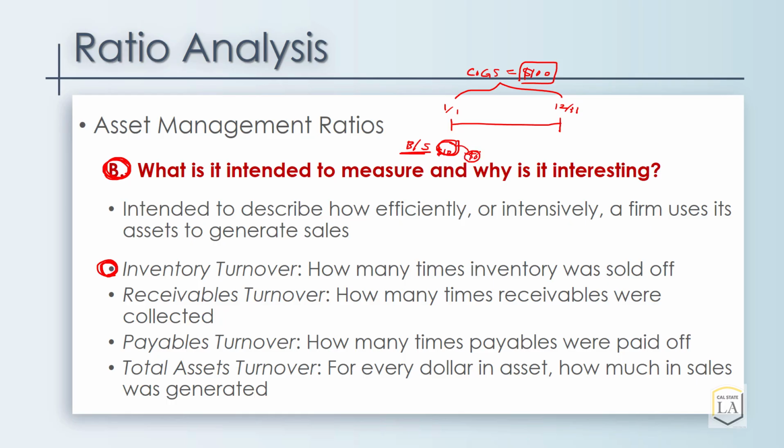Immediately after that, because you had to maintain your inventory at $10, you had to purchase $10 worth of inventory one more time. So it was completely sold off, and another cycle began with a $10 purchase of inventory. And then that was completely sold off, so it went back to $0.